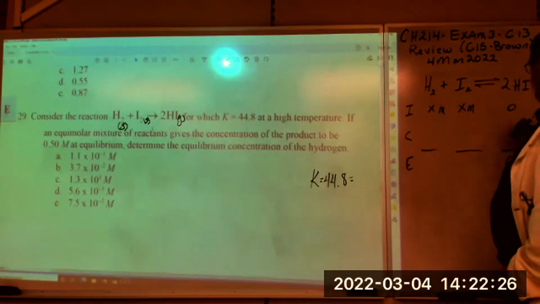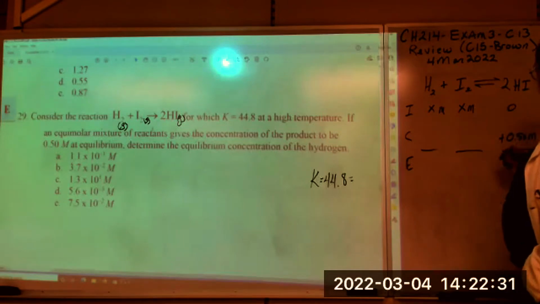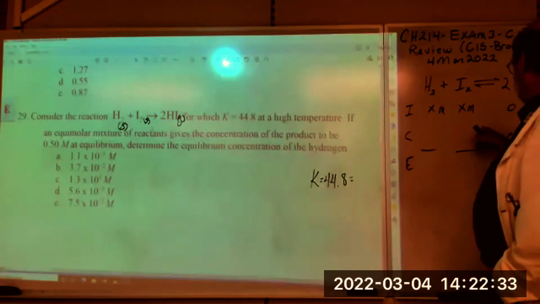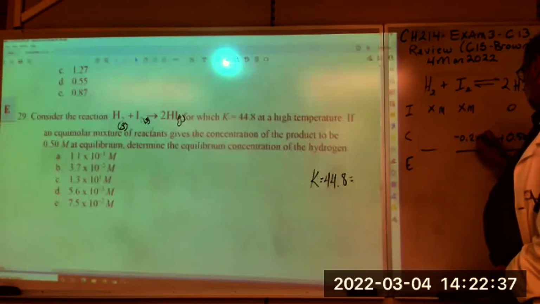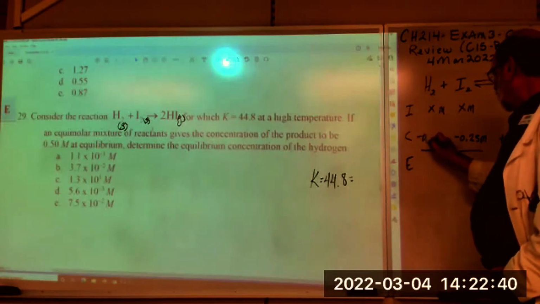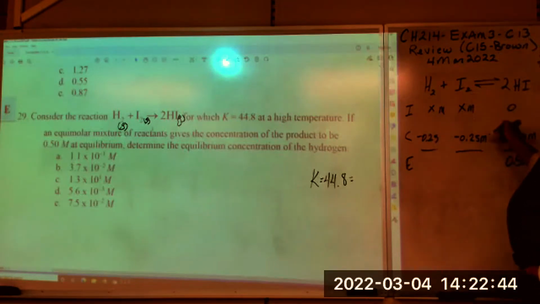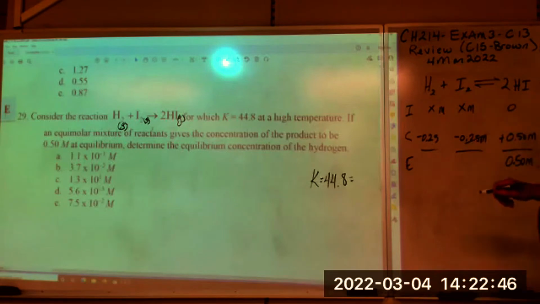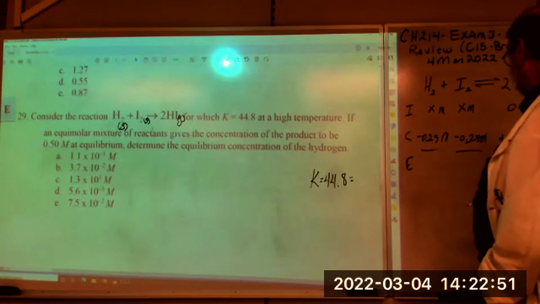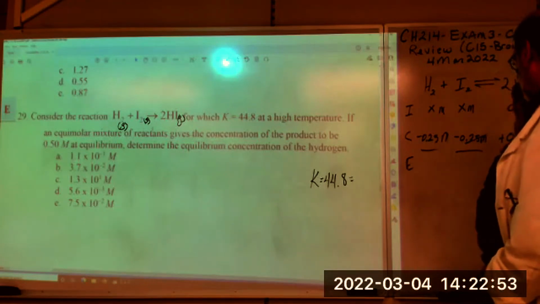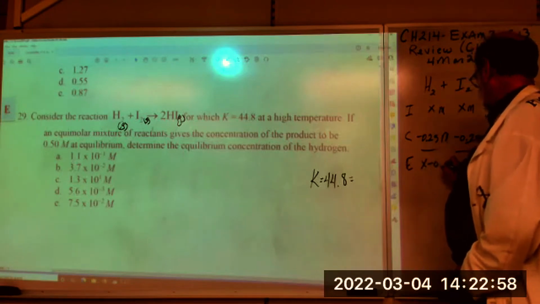So in order to get this one, 0.5 molar, we had to lose half of that much of each one. Actually, this is solid, so that doesn't mean anything. Okay. But we lost this much of hydrogen. So this would be X minus 0.25.